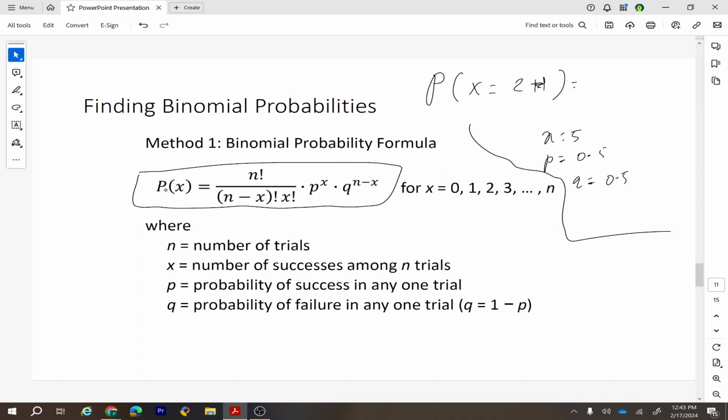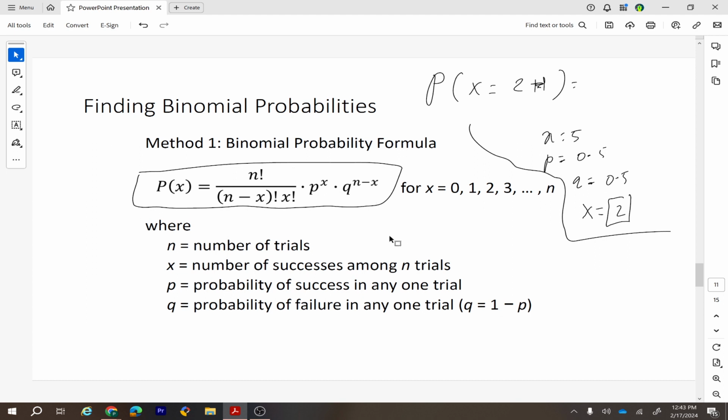I'm just giving you one example. And x is 2, since we would like to find two heads, so these are the values we're going to plug in. Keep in mind, in this section we use technology like StatCrunch. We can calculate this information manually using a calculator, but StatCrunch would be more efficient.